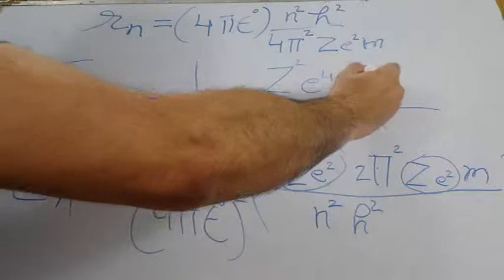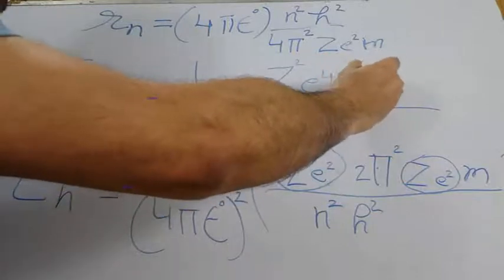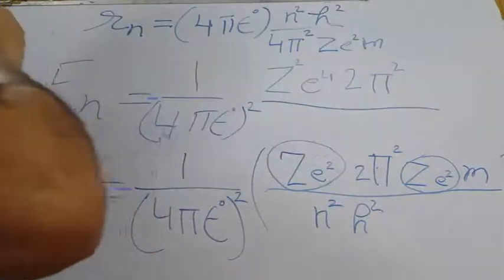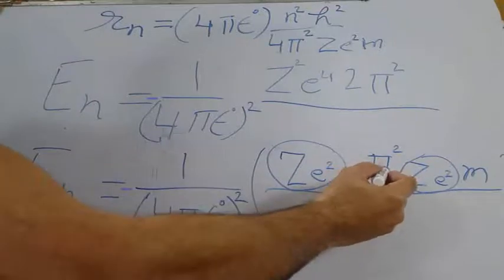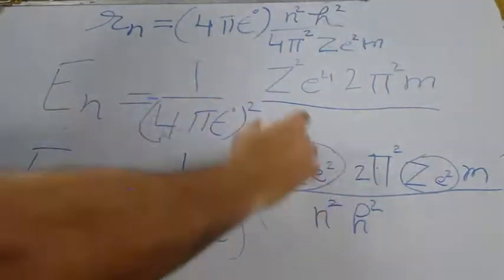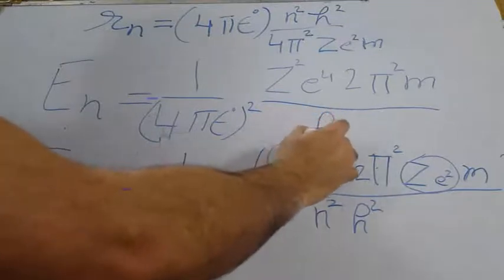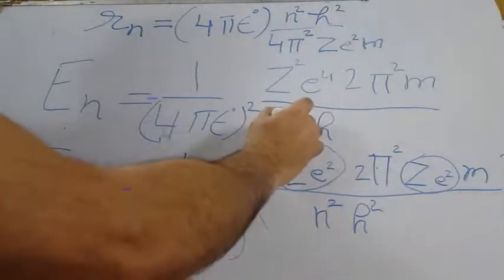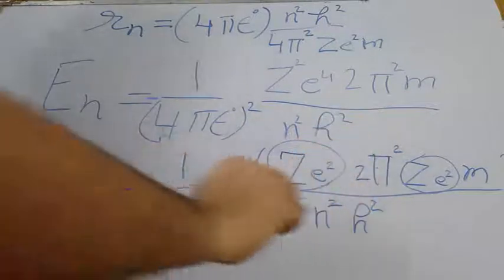Here 2 pi square, 2 pi square m upon n square h square.